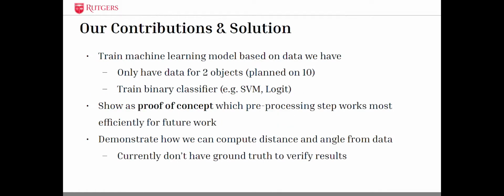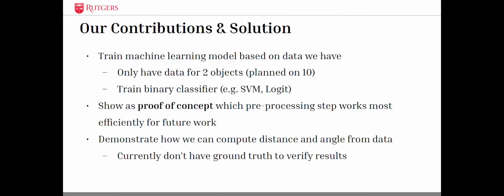So our contribution for this capstone project is that we trained the machine learning model based on the data that we do have. We only have it for 2 different objects. Originally we had planned it for 10. We also trained a binary classifier rather than an m-ary classifier because we only have these 2 objects available. So we used SVM, which is support vector machines.